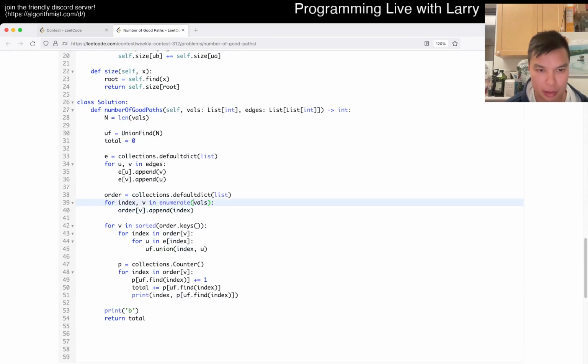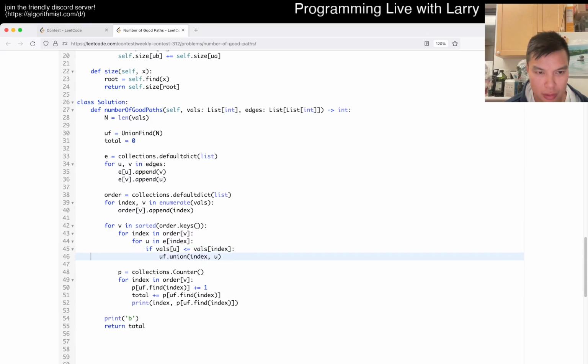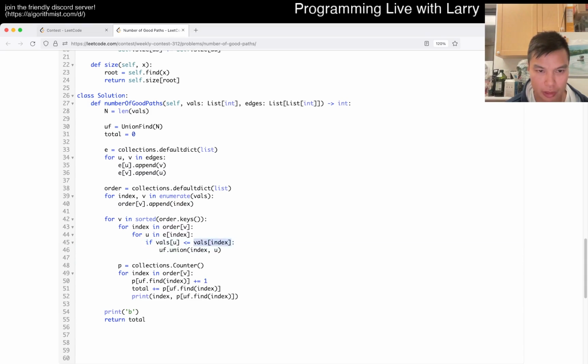What I need is if rows of u. So when we parse this file, we don't do the edge unless this is the bigger one. Okay. Is something like that?